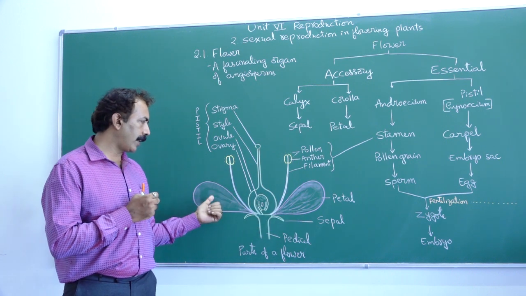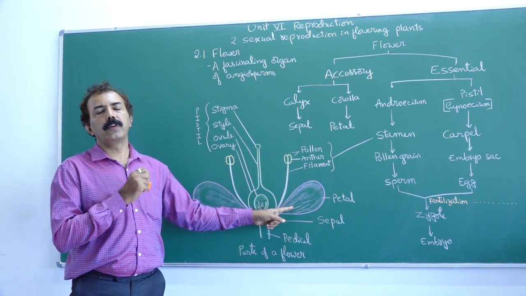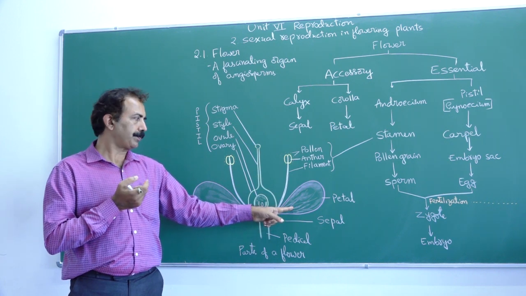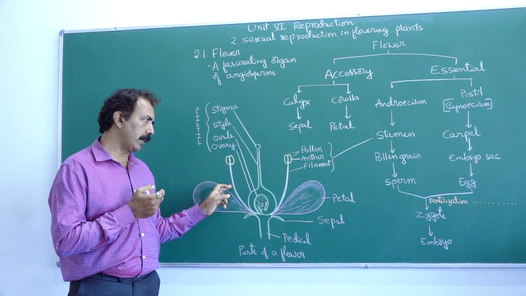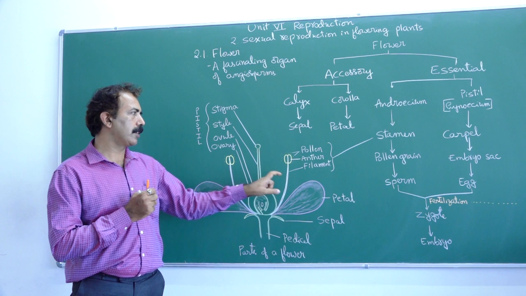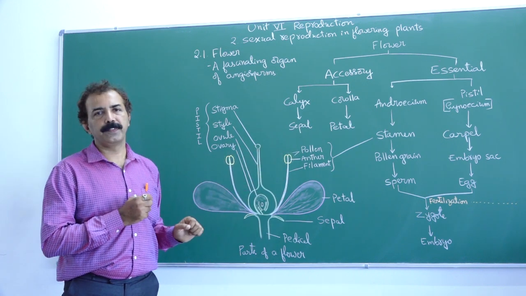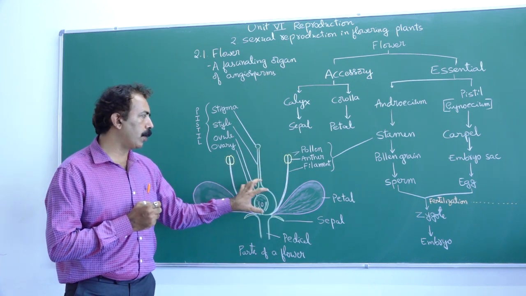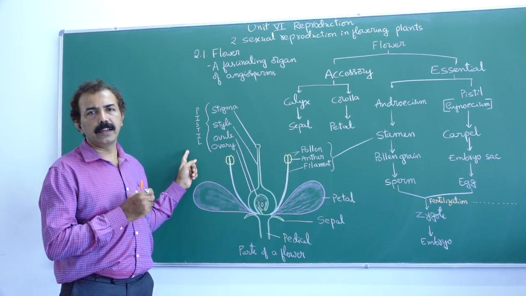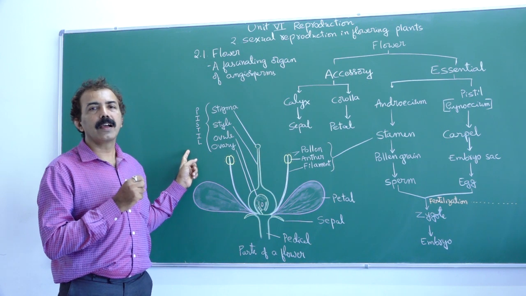It is followed by the second whorl, the corolla, which has units called petals. The third whorl, we call it androecium. It's made up of units called stamens. The fourth and innermost whorl is the gynoecium or pistil. It is made up of units called carpels.